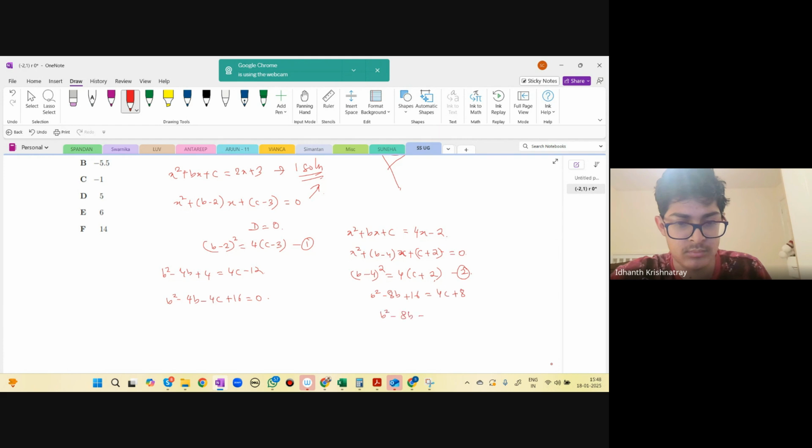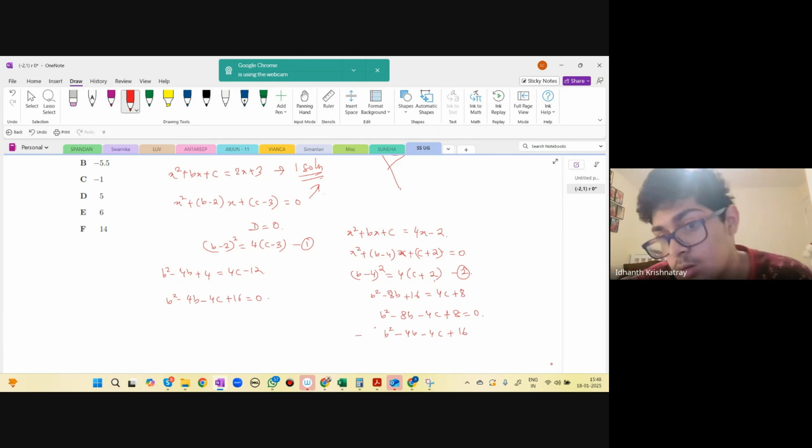So b square minus 8b minus 4c plus 8 equal to 0. Now if I subtract one from the other, what do I get? If I subtract this one from this one, 4b minus 4c plus 16 minus 8.